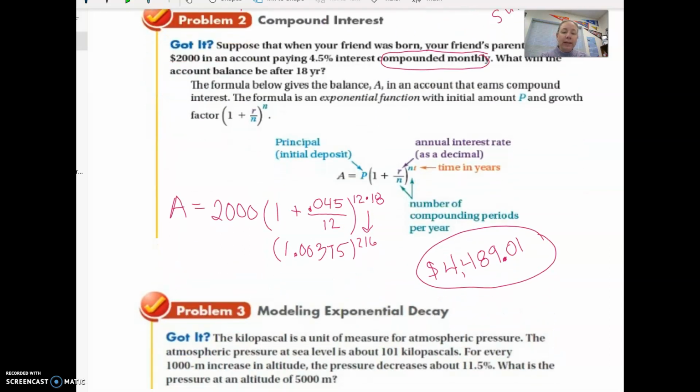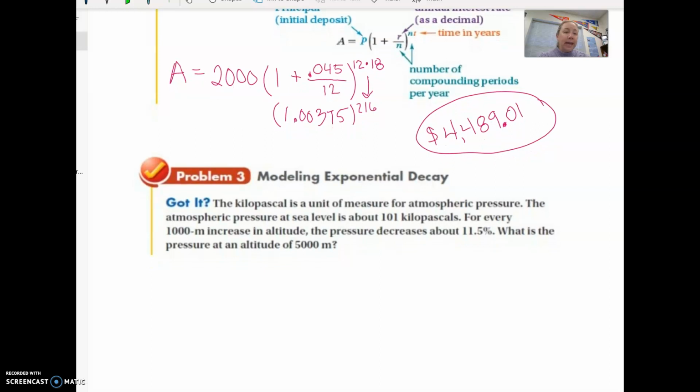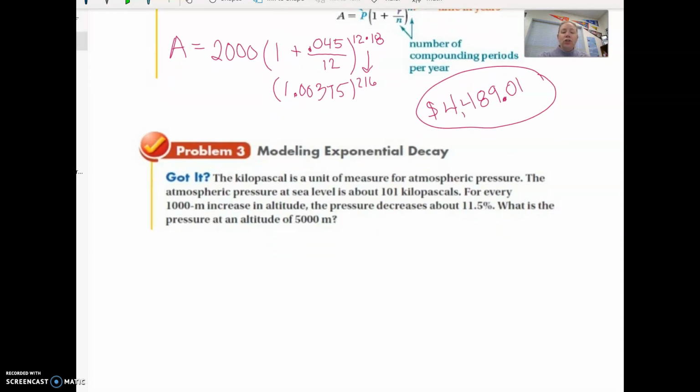Now we have one more example, and this example is just modeling decay. The first two were growth, and now we're going to look at an example that decays. In this problem, again, it's a science connection. We have the kilopascal, which is a unit for atmospheric pressure.